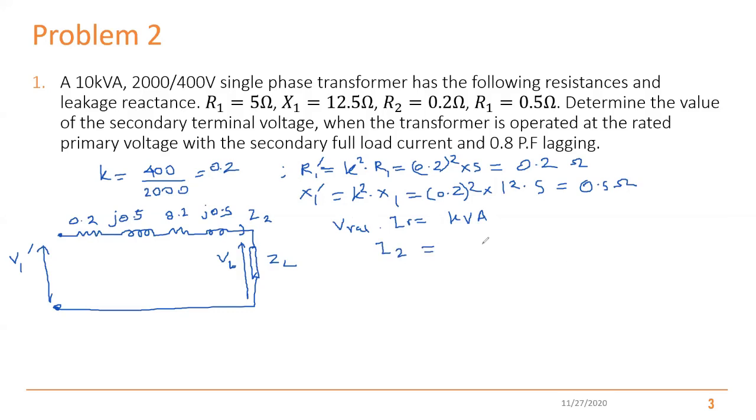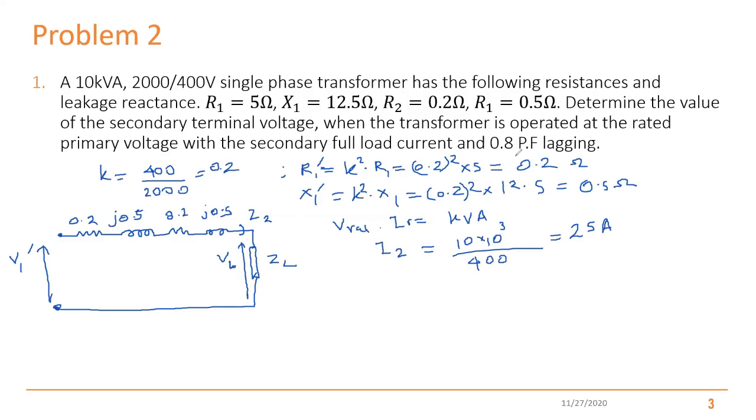So kVA is 10 times 10 to the power of 3. The voltage here is the secondary voltage, that is the rated value, 400. So I2 is 25 amperes.